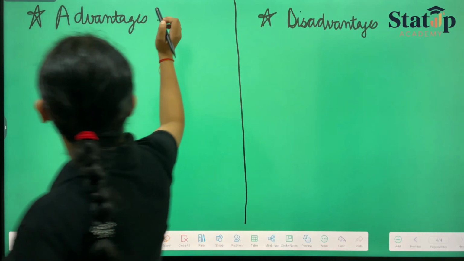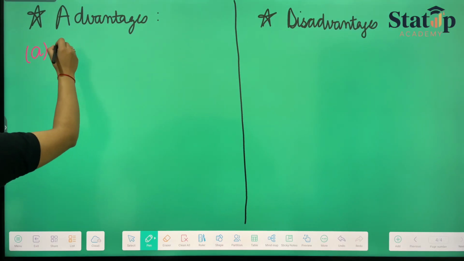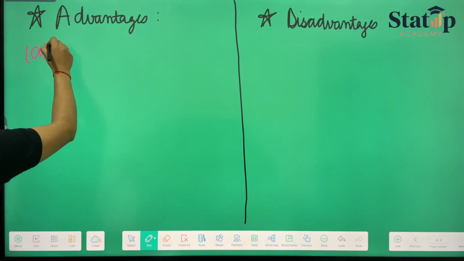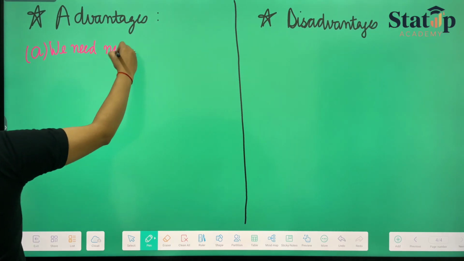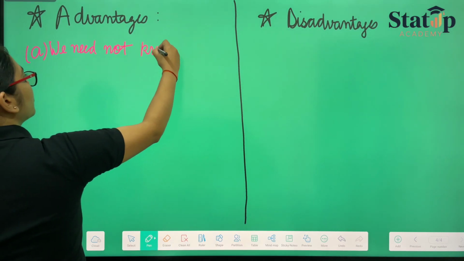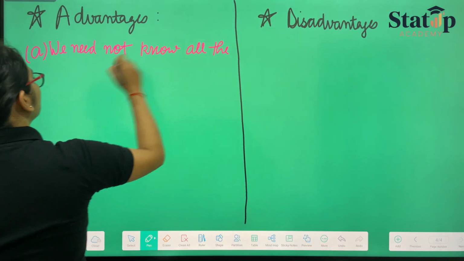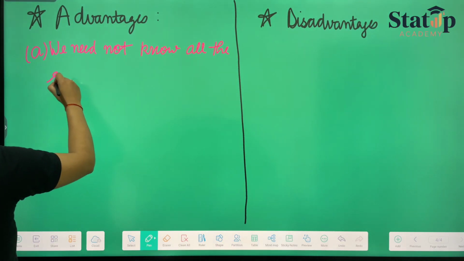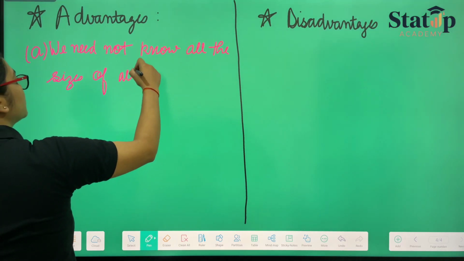So what are the advantages? We need not know all the sizes of all units.